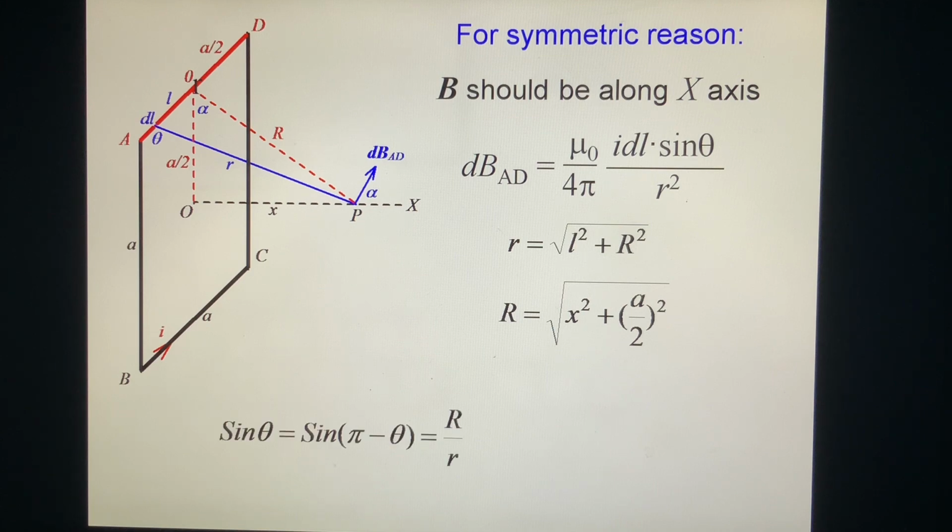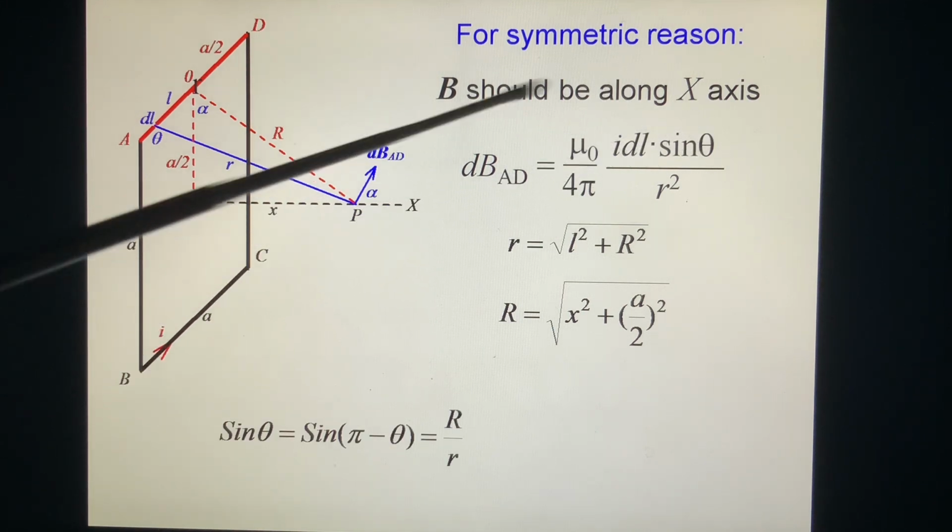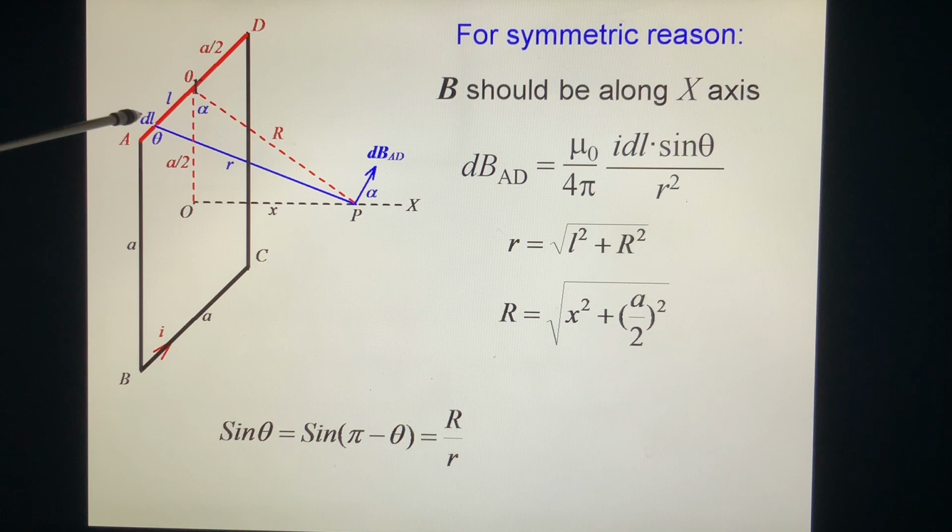With all this, we have a sine theta, where theta is the angle between I dl and r. And sine theta equals sine of pi minus theta, this angle. In this right triangle, the sine is R over r.